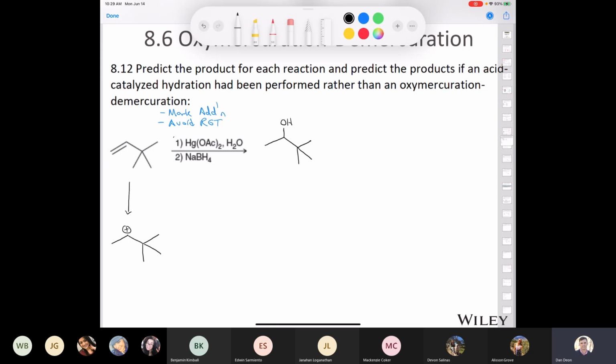And so we end up with this carbocation, which can undergo a rearrangement, right? This can undergo a methyl shift to give us this carbocation. So we have our methyl group here, and we have our positive charge here like this. So now we have a secondary carbocation and we have a tertiary carbocation.